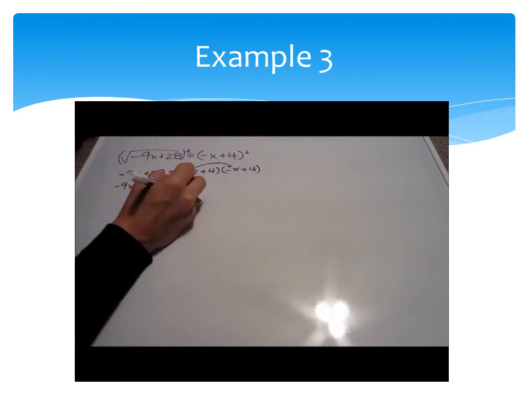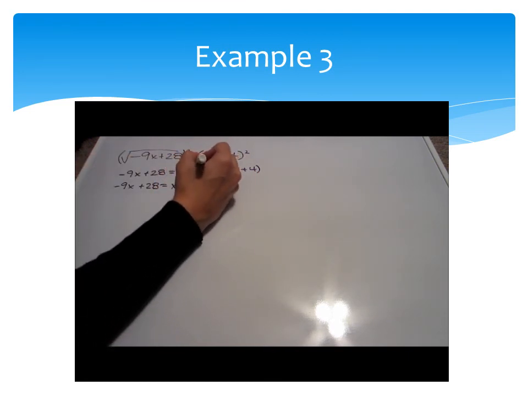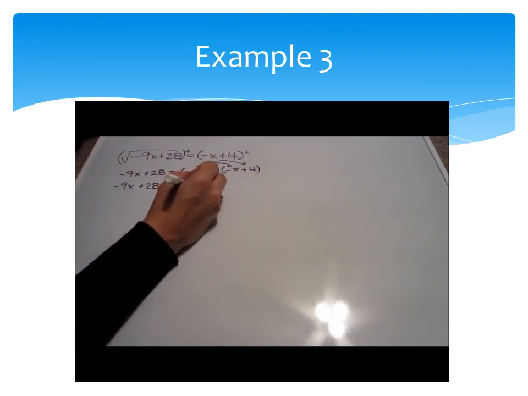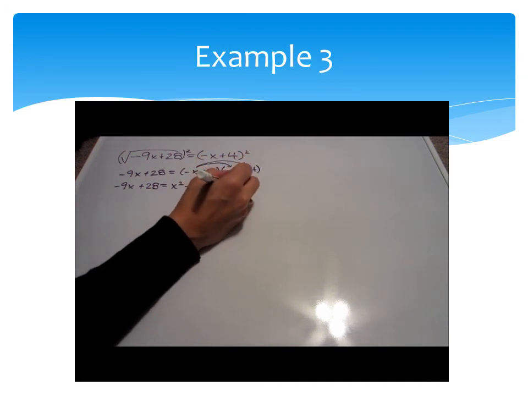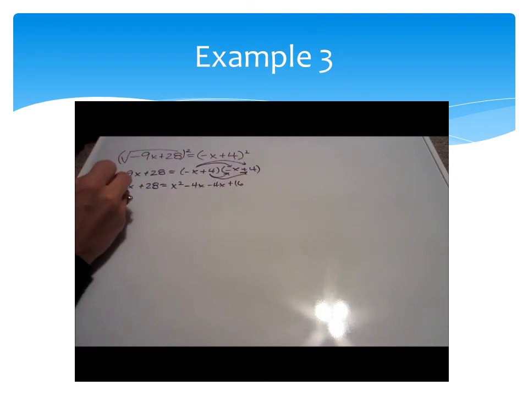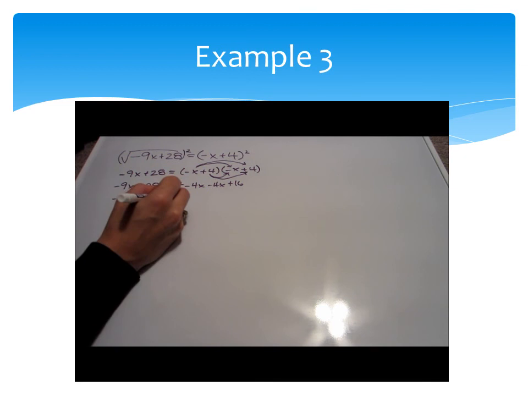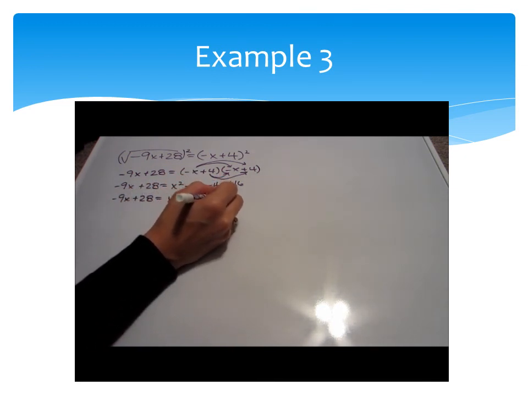And over here, we get positive x², negative times negative is a positive, -4x, -4x, plus 16. We're going to combine like terms to get -9x + 28 = x² - 8x + 16.